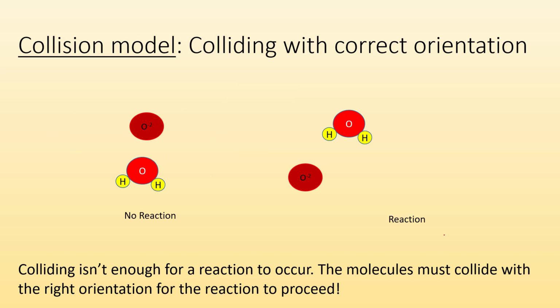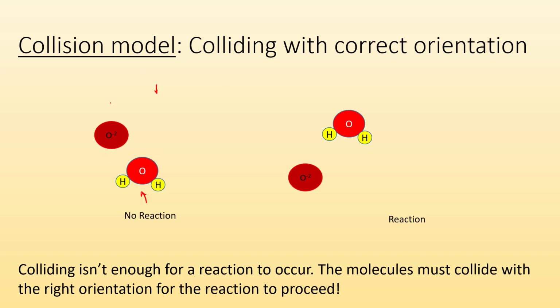Colliding with the correct orientation. Colliding isn't enough for a reaction to occur. The molecules must collide with the right orientation for the reaction to proceed. So here I have a water molecule and an oxide ion. If they were to collide, they may react, they may not react. If the oxide ion hits the oxygen atom of the molecule, nothing's going to happen.